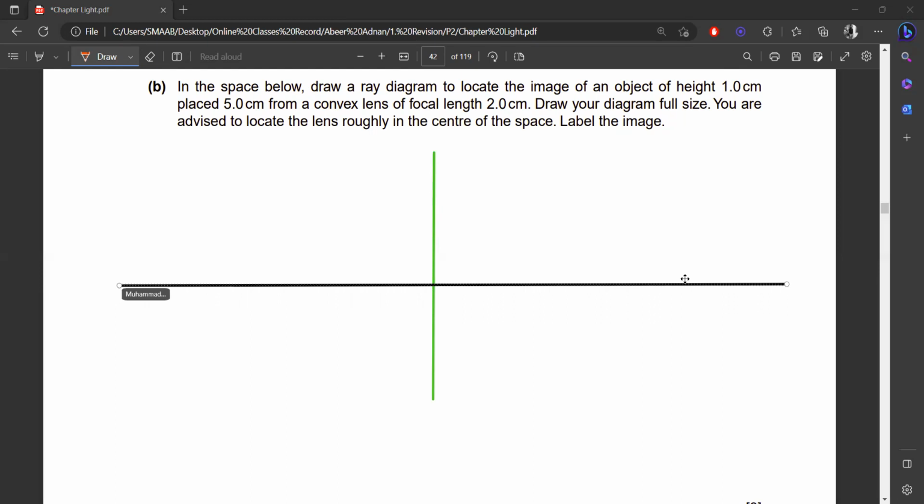According to the specification mentioned in the question, draw a ray diagram to locate the image of an object of height 1 centimeter, placed 5 centimeter from the lens. Focal length is 2 centimeter. So I'm using the ruler to identify the exact position. So 2 centimeter will be marked over here. So this is 2 centimeter. And we also mark the 2 centimeter over here.